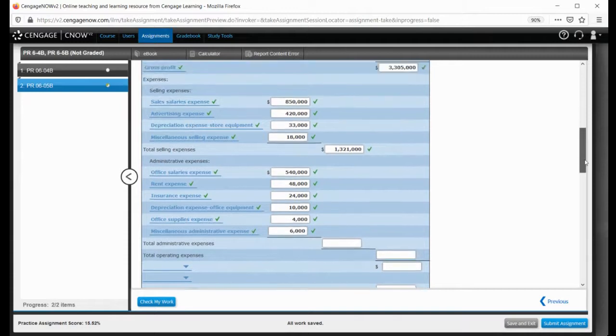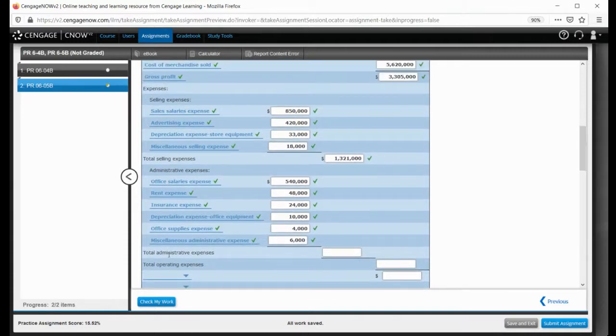The next step is for us to total up the administrative expenses.